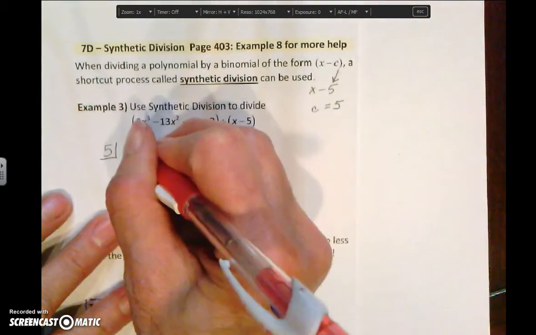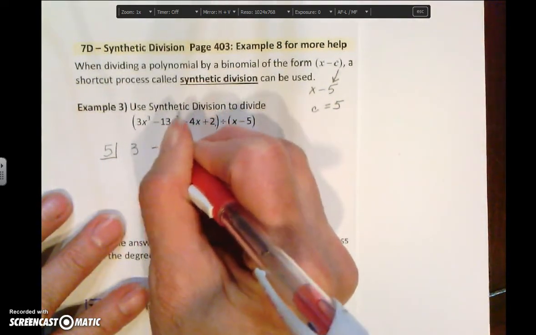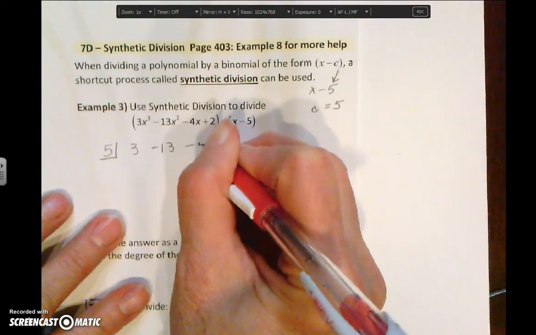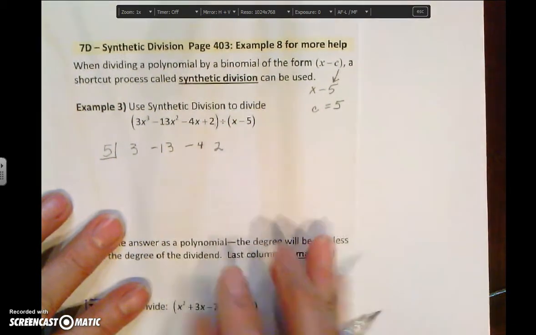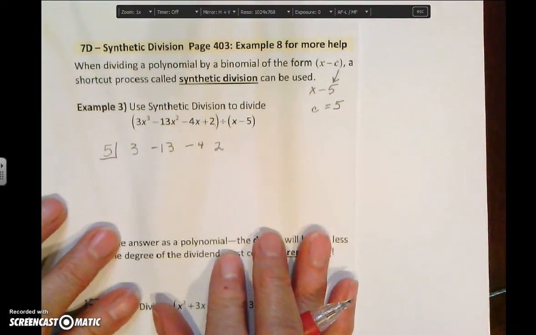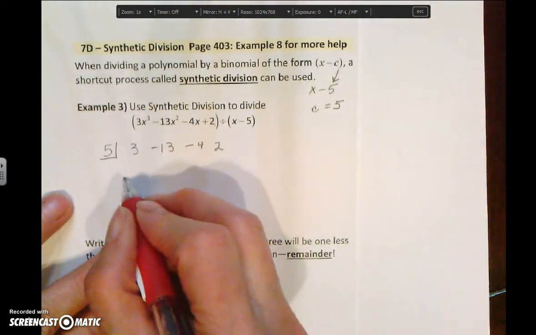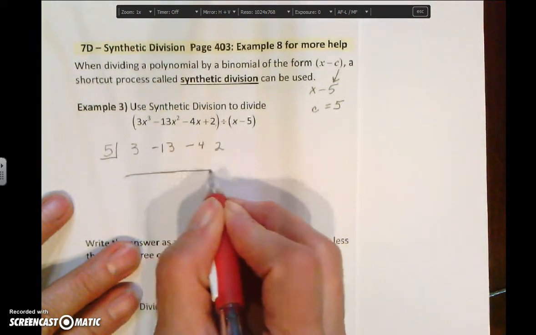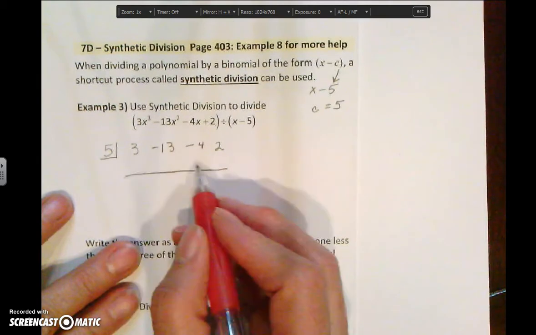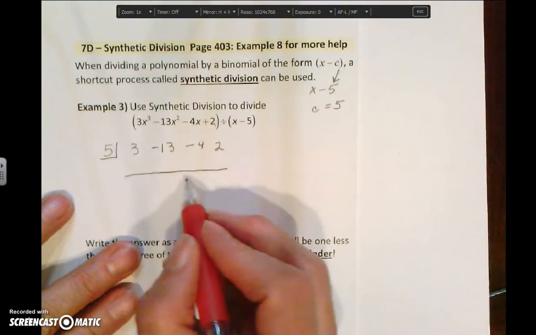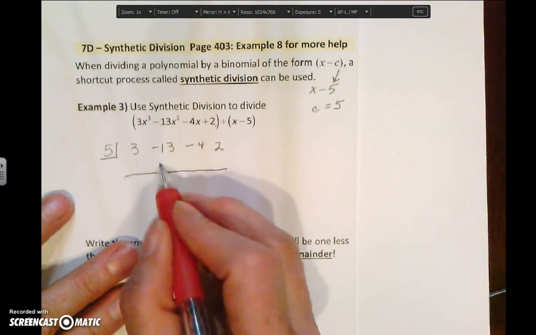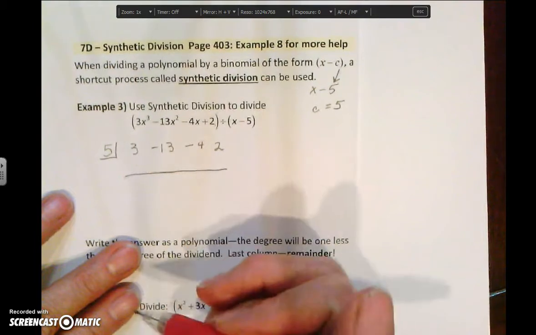So I'm going to write 3, negative 13, negative 4, and 2. So just the coefficients. We're just using the important parts of our long division here. Then I'm going to leave a space in between and draw a line underneath it, because I'm going to be writing in this middle part right there.